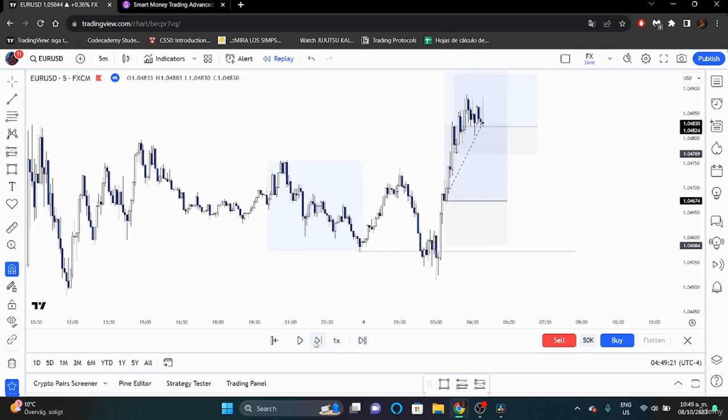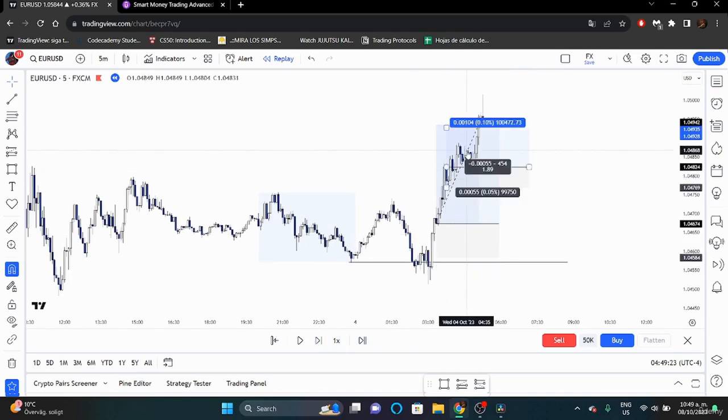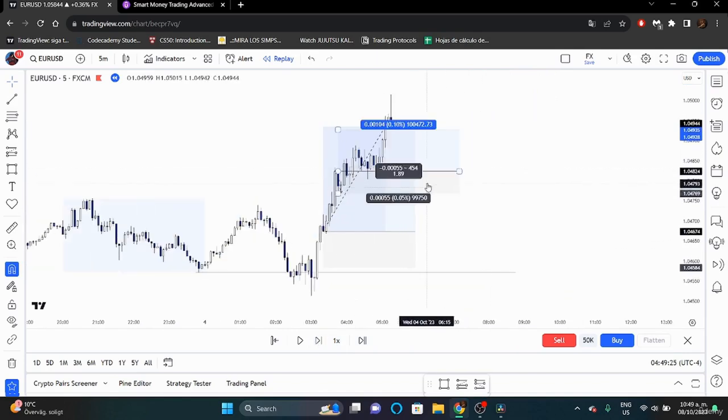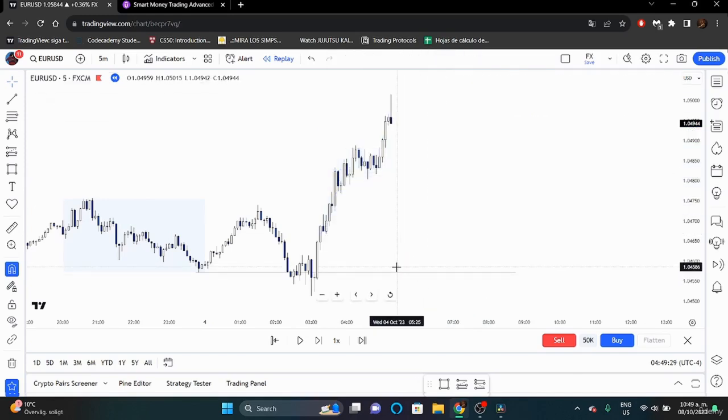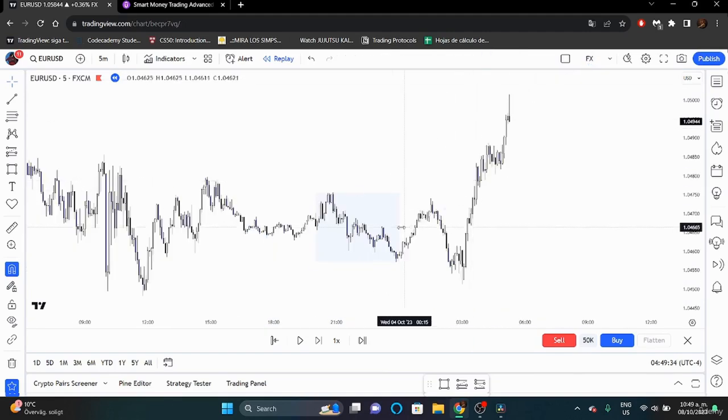Okay, this will be your order entry, and there you go. That's trade done. So I believe you kind of understand what's the matter. It's the same thing. It's time with market maker models, with all the concepts blended.